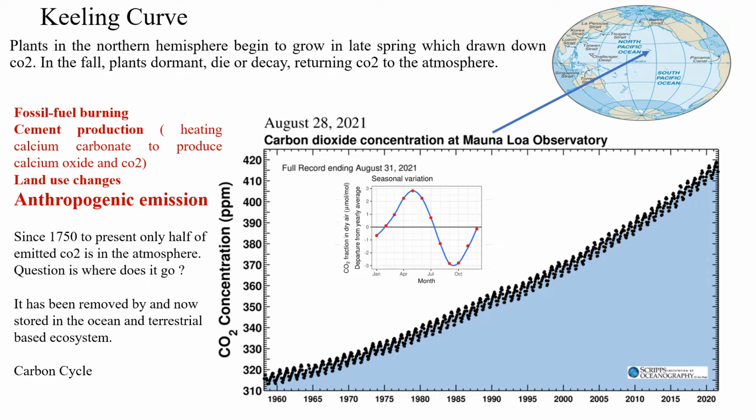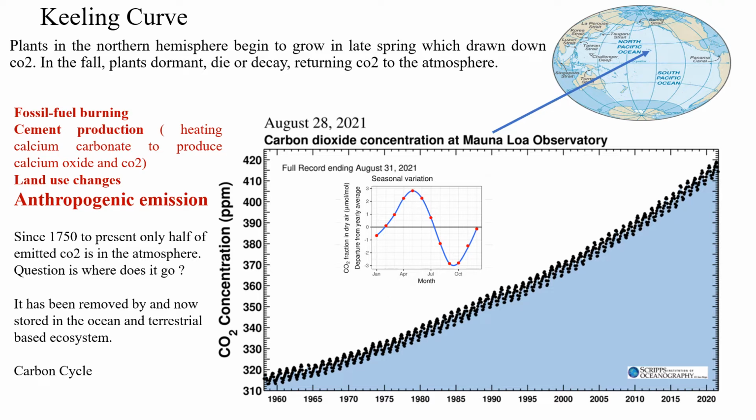So make sure that fossil fuel burning, cement production, and land use changes are all anthropogenic emissions that produce a lot of carbon dioxide, adding to the atmosphere. And the Keeling curve has an intra-seasonal fluctuation. That means those fluctuations happen within the year.